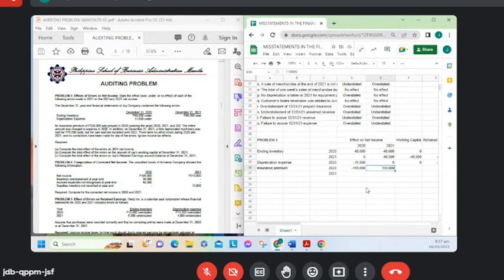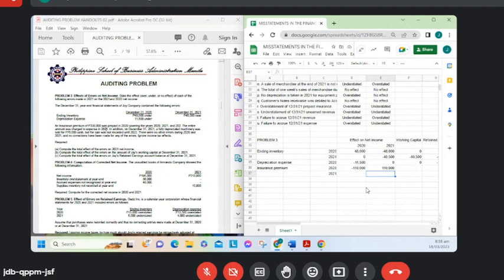Why 110,000? Mali, sorry. The 2021 net income is understated by 220,000, no? Pertaining to 110,000 that should be expensed out in 2020, and then the 110,000 that should be expensed out in 2022.